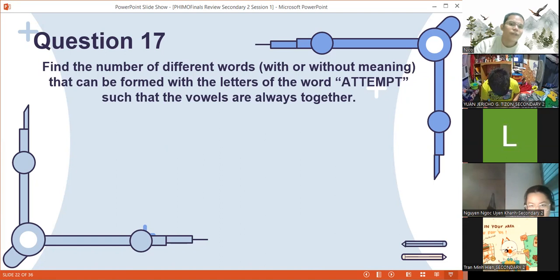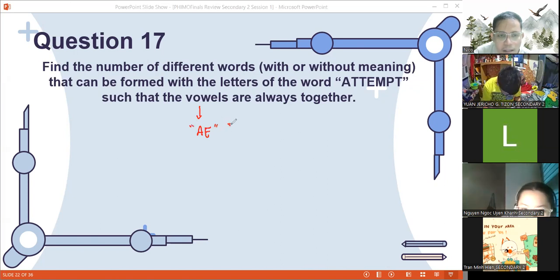Find the number of different words, with or without meaning, that can be formed with the letters A, T, P, E, M, P, T, or ATTEMPT, such that the vowels are always together. So the vowels are A and E, and there are two of them. So we can have AE, then P, T, M, P, T. So it's 1, 2, 3, 4, 5, 6.